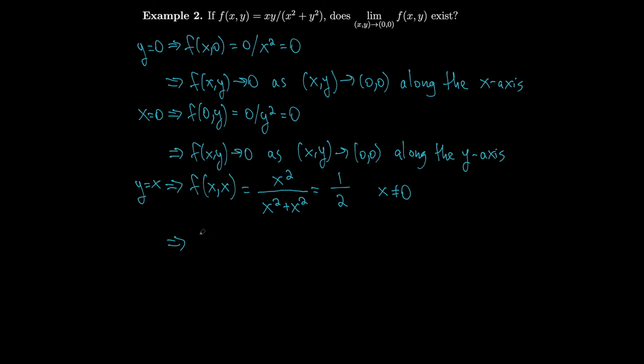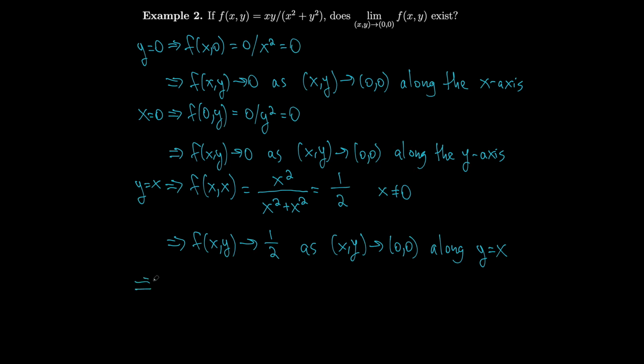So that means that f(x, y) approaches 1/2 as (x, y) approaches the origin along the diagonal line y equals x.